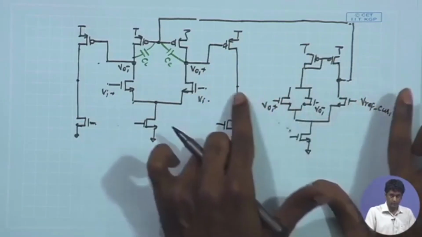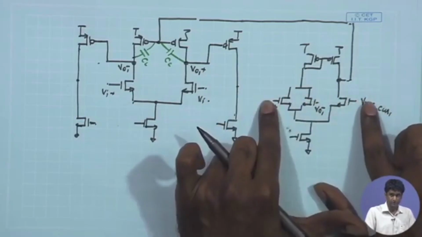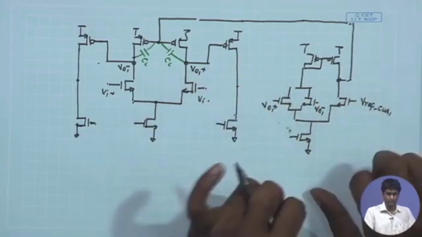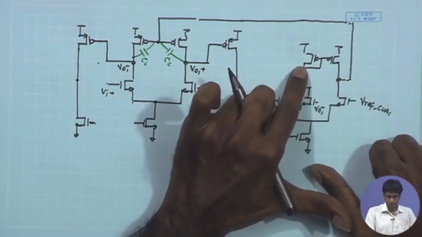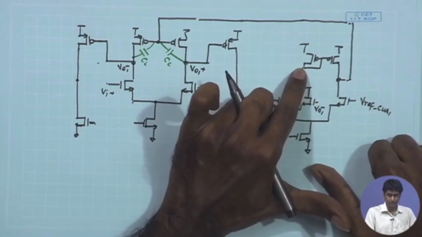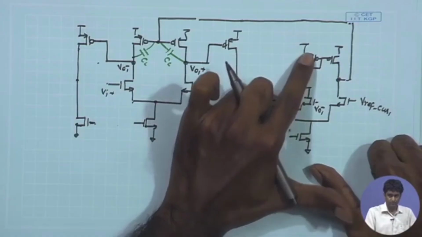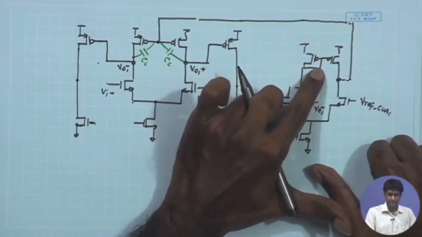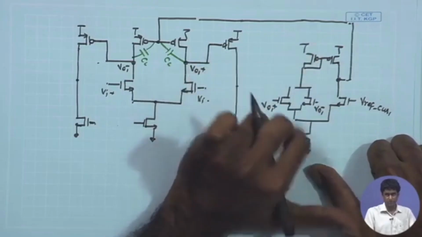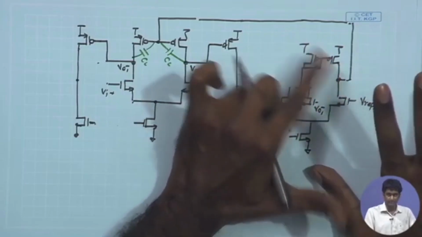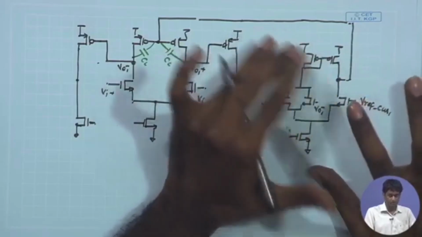If I look at the common mode response of this, suppose these two DC potentials as well as the VCM ref are close together, the output DC point over here is going to be close, not the same, but at least close to this gate voltage of this PMOS load, which is basically VDD minus VSG. This drop will be close to the mod VT of the PMOS, which is again 0.4 volt.